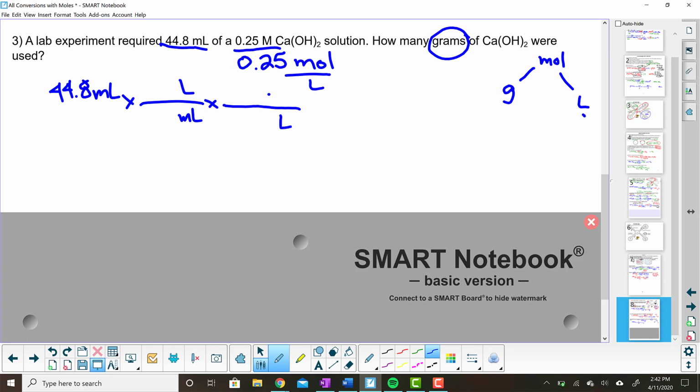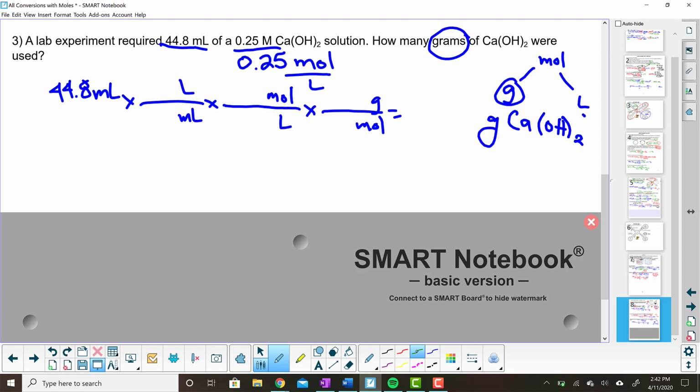Liters on the bottom, moles on the top. And then once I'm in moles, I need to get to grams. So moles on the bottom, grams on the top, and that will hopefully give me my final answer, grams of calcium hydroxide.